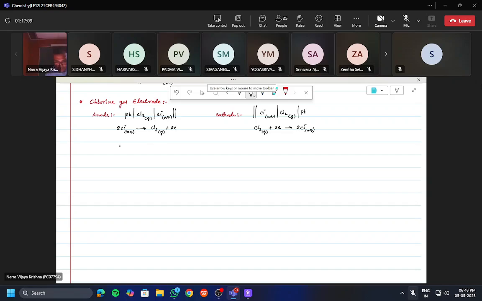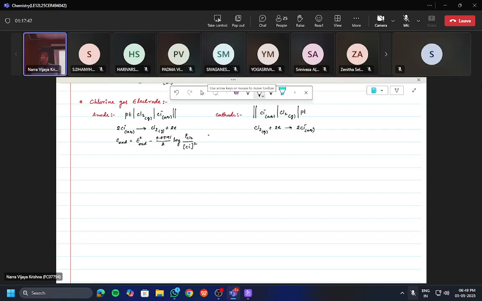Now apply the next equation. E oxidation is equal to E naught oxidation minus 0.0591 upon 2 log of pressure of Cl2 upon concentration of Cl minus square.